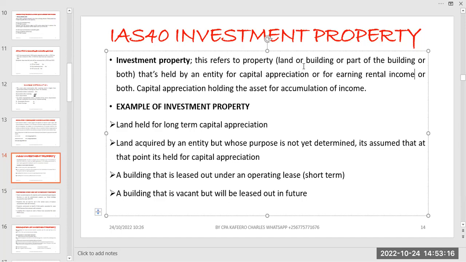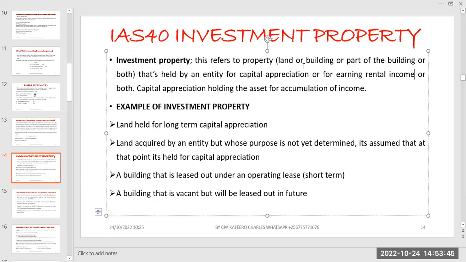Then let's look at some of the examples of investment property. If someone says, I have an investment property, what are some of the examples? One, we have land for long-term capital appreciation. You have bought land, you have not constructed anything there, you've just bought land and left it somewhere. Or you bought land in a growing area, but you have not done anything on it.